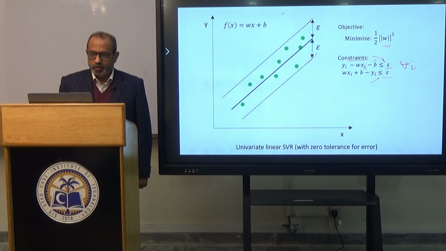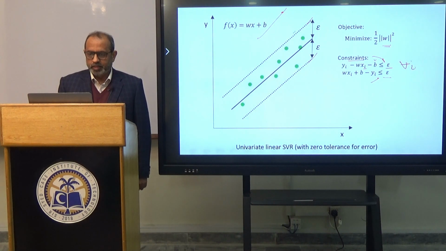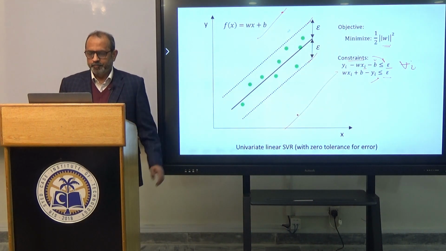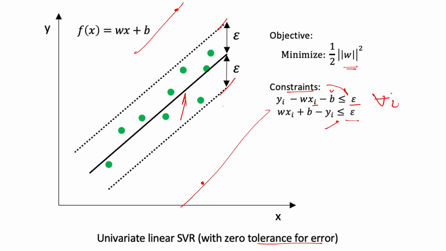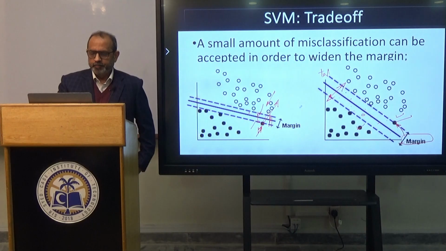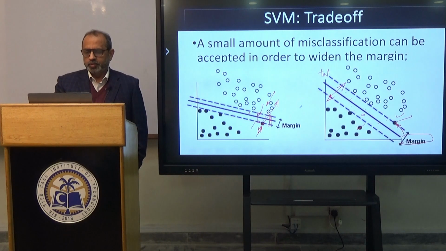And there may be an outlier, let's say here, so it will increase because there is no way that it will allow this outlier to live outside this pipe. So if there is an outlier, it will be like this, and it'll just basically corrupt your estimation. So not good. So this has zero tolerance for anything going outside this model, which obviously you don't like.